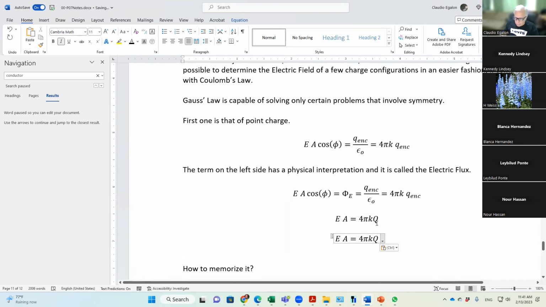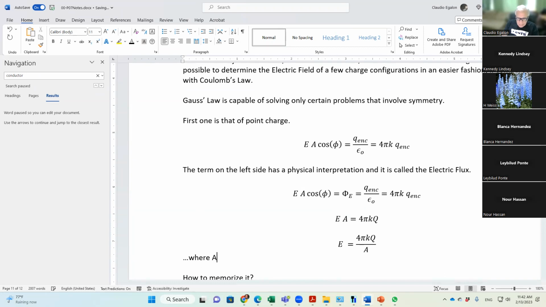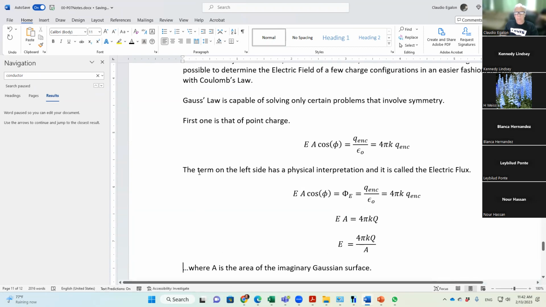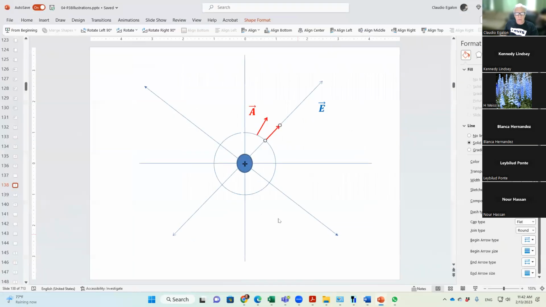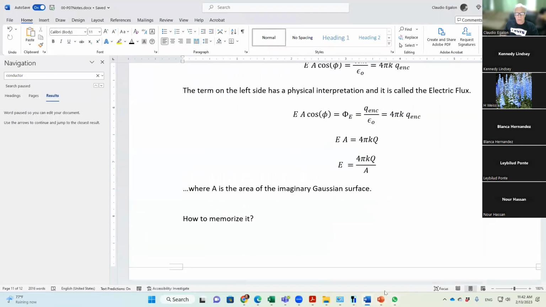By solving for E, I mean I have to pass the area to the other side. When I pass the area to the other side, don't forget this is the area of the Gaussian surface, where A is the area of the imaginary Gaussian surface, whose surface is a distance r from the center of the charge.